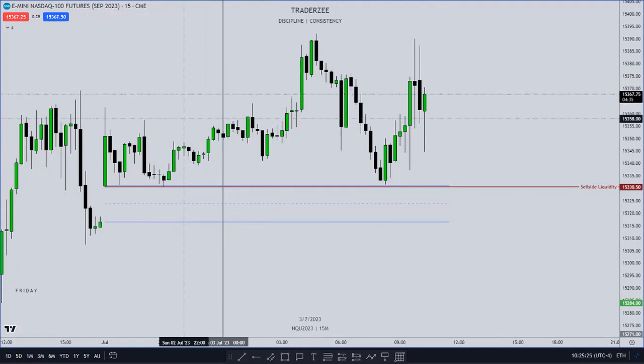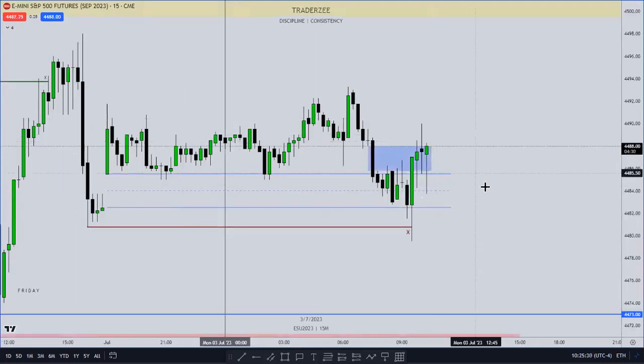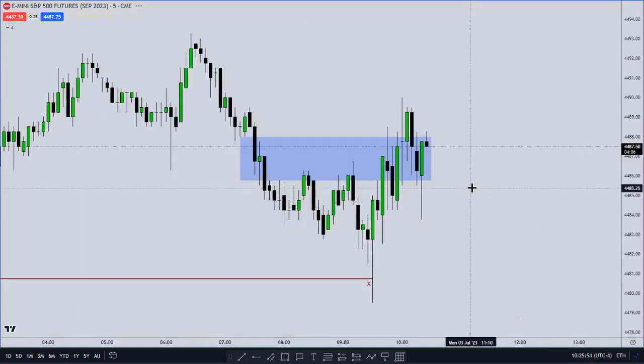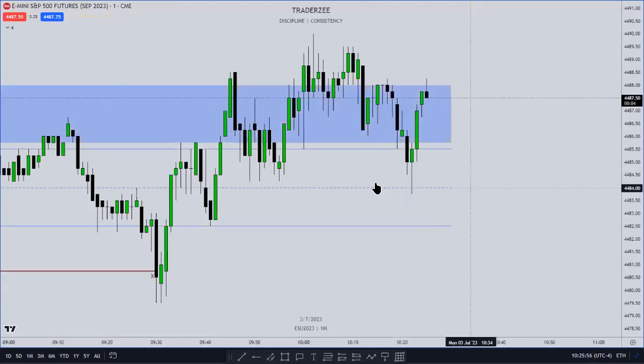But we are still inside of a range. Yes, I said that I don't want anything to do with it before the consequent encroachment of this new week opening gap. But did we get a body there? Look how fast we reacted off of that. That to me is just a stop hunt below these lows.